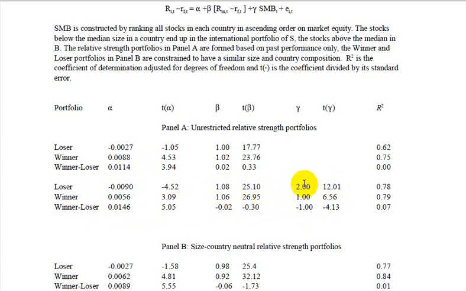Since this coefficient is larger than this one, we could say that the loser portfolios end up being more influenced by smaller companies, or at least factors of smaller companies, whereas the winner portfolios are maybe composed of more large companies.